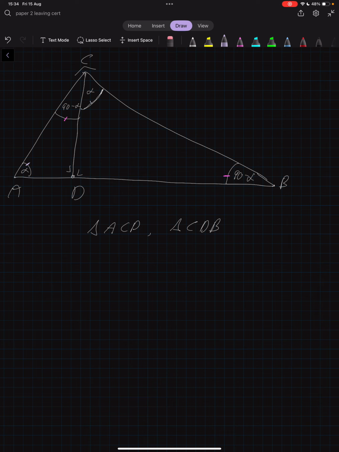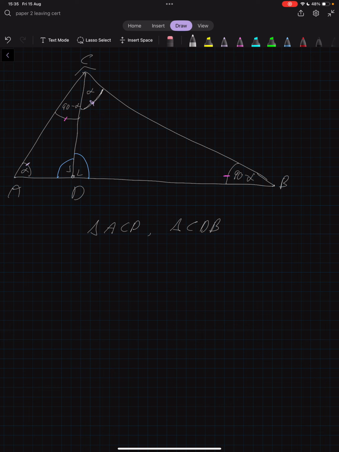This angle is the same as this. And clearly, this angle, sorry, I should use a different color, this angle is the same as this. So sorry, that's my fault. That's another thing. If you can't figure something out, it could simply be that I probably just forgot to put in something.